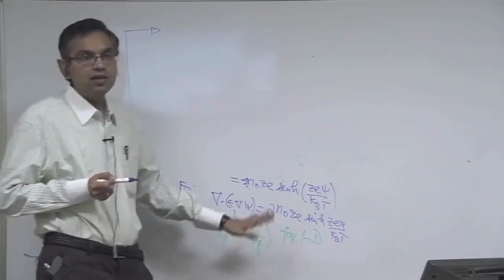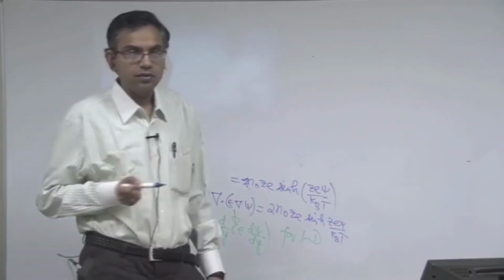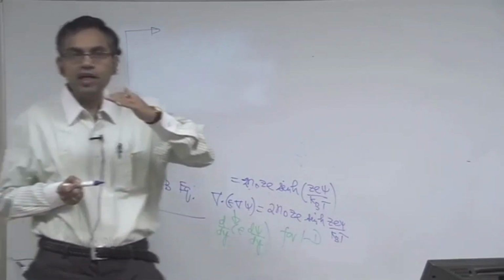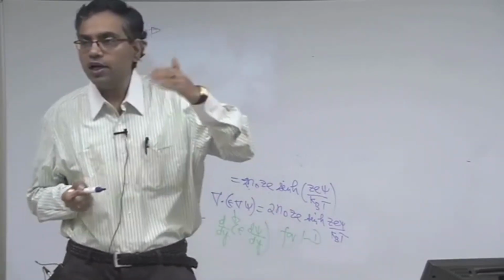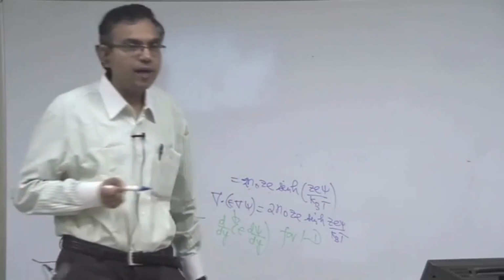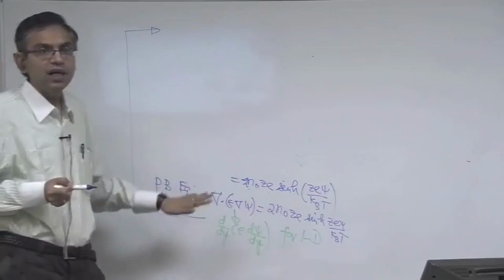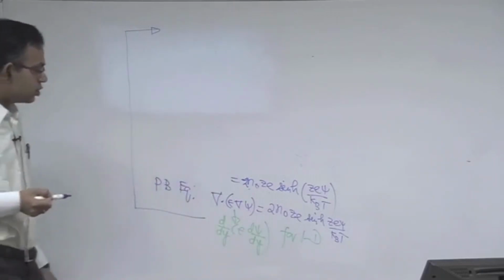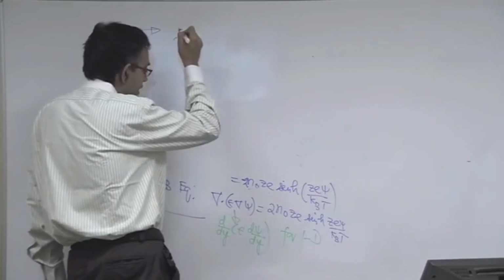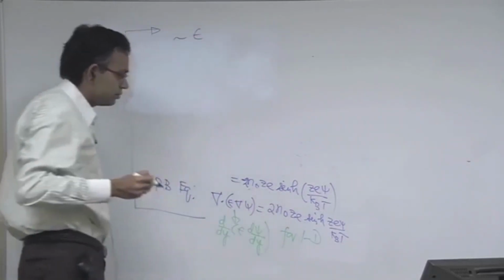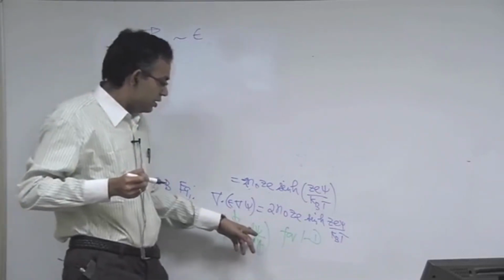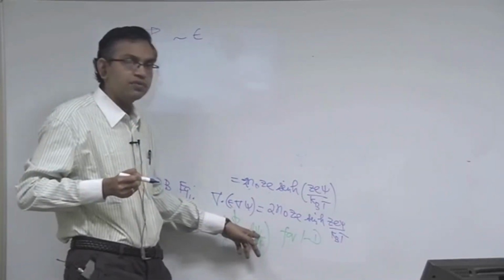Let us say that epsilon is a constant. You may have variable epsilon in a thin interfacial region because of polarization or several other issues, but let us not go into those matters at this stage. Let us assume that epsilon is a constant. Then the order of magnitude of the left hand side is what? Epsilon times the order of magnitude of psi.